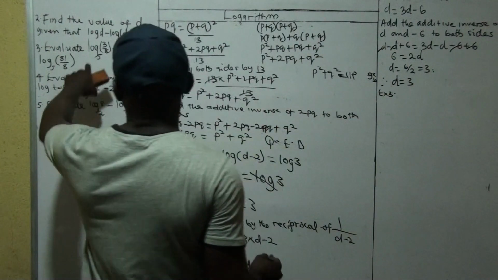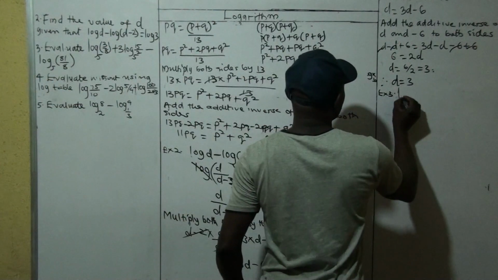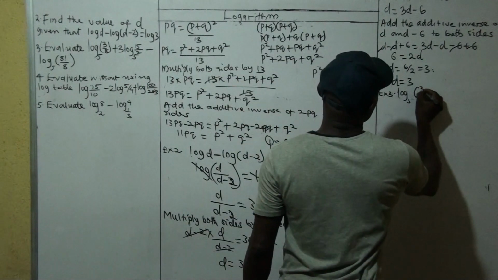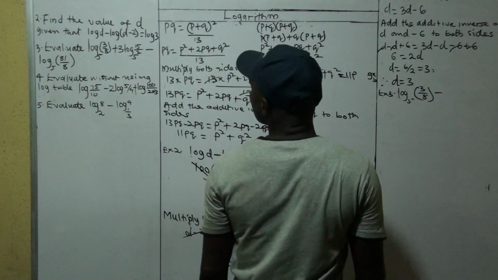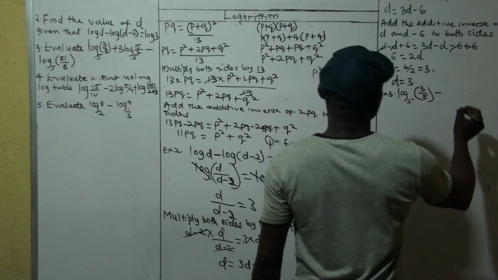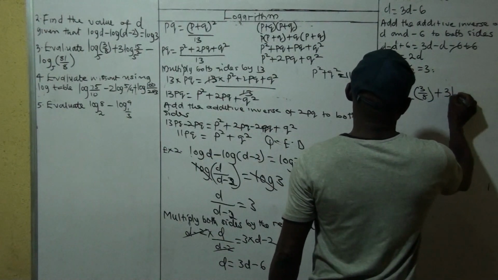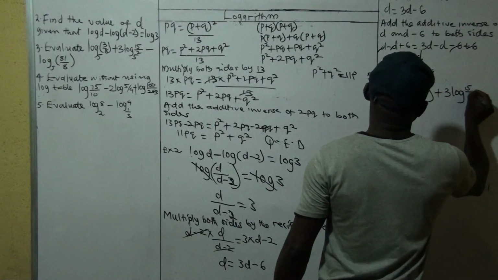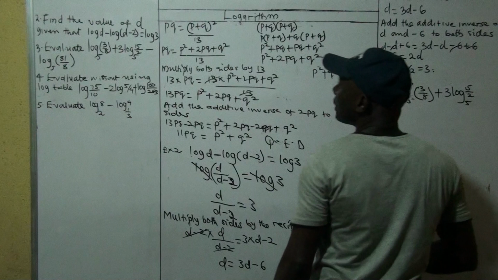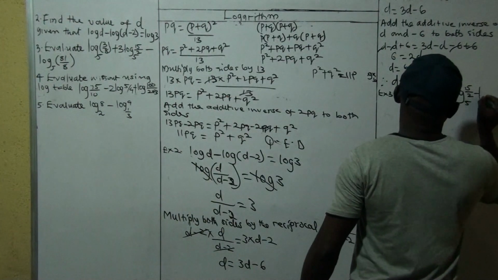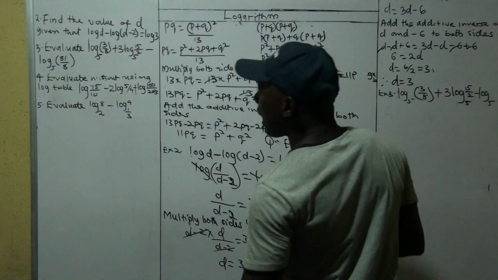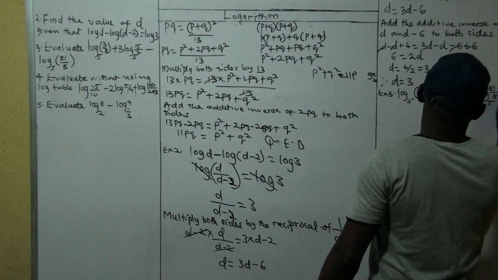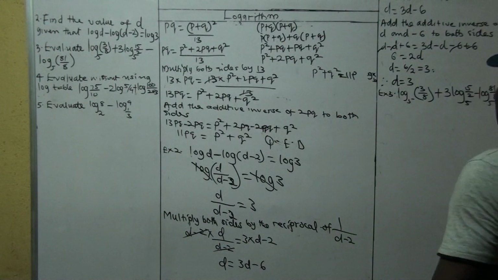Example 3 says evaluate log to base 5, 3 over 8, plus 3 log 15 over 2 in base 5 as well, minus log base 5, 81 over 8. So this log is quite interesting.